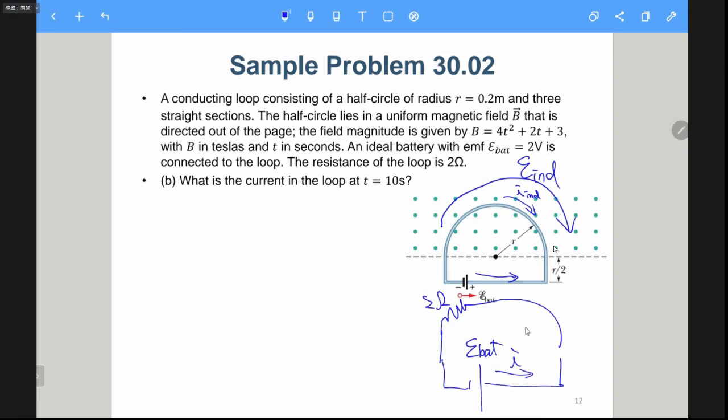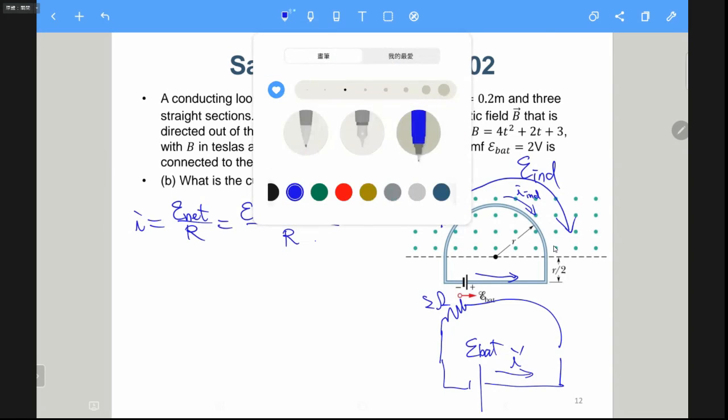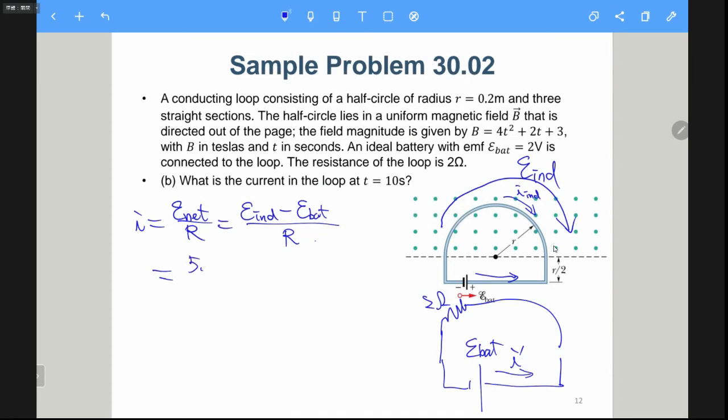The total I here will be E net, which is E induced minus E battery, over the loop resistance. E induced is 5.2 volts, E battery is 2, and R is 2, so this value is 1.68.